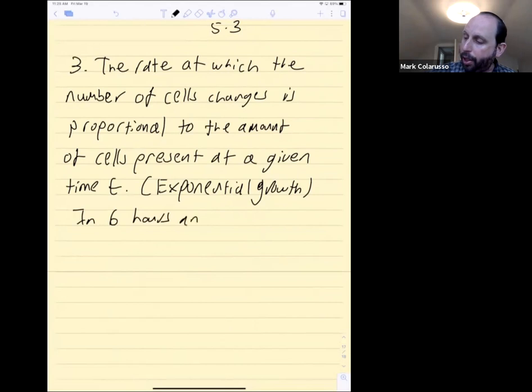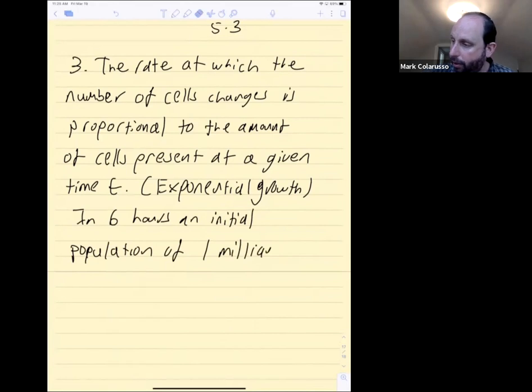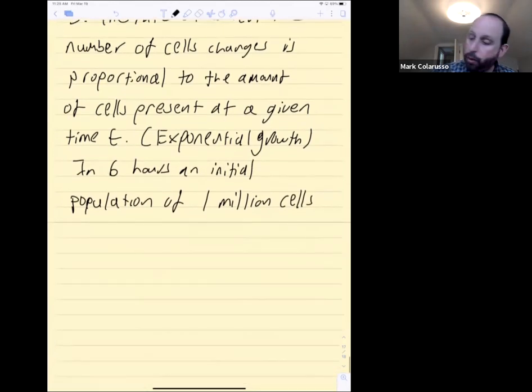In 6 hours, an initial population of 1 million cells grew to 9 million.